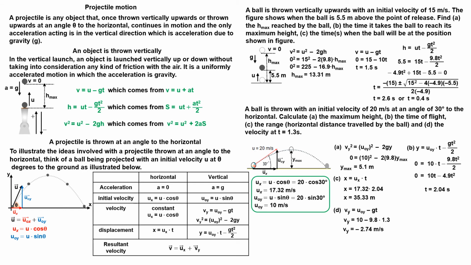To get the magnitude of the resultant velocity at this time, use the Pythagoras theorem. To find the direction, we use this equation. Now, look at the figure.